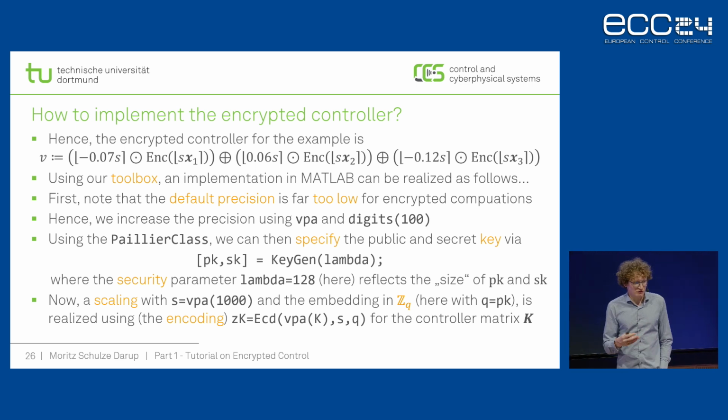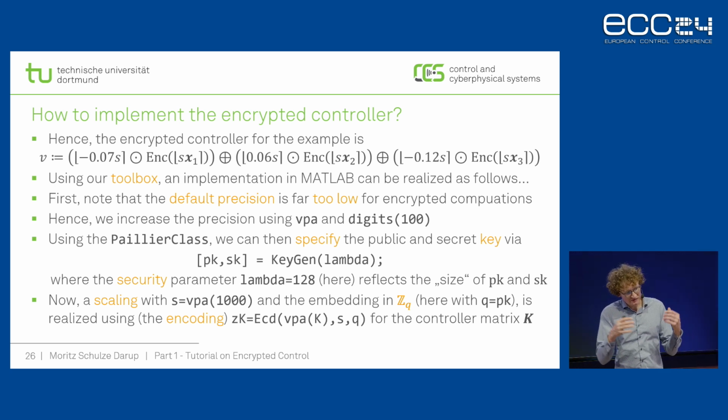Now, we use the scaling of 1000, meaning we preserve 3 decimals of our real-valued numbers. We map it to Z_q, where here again the q is nothing else than the public key of the Paillier scheme.